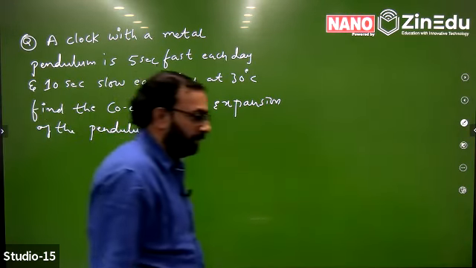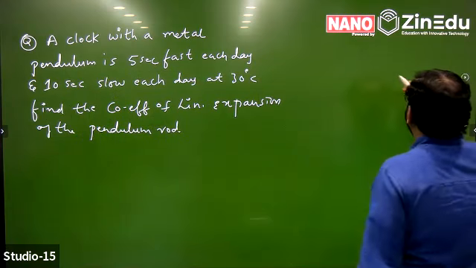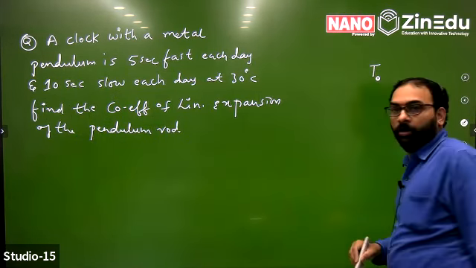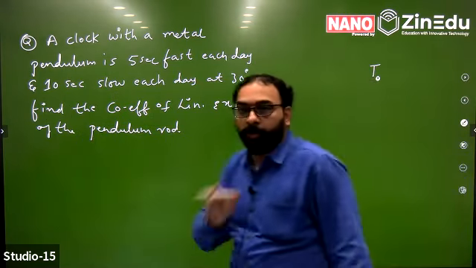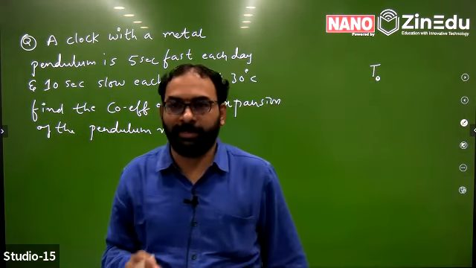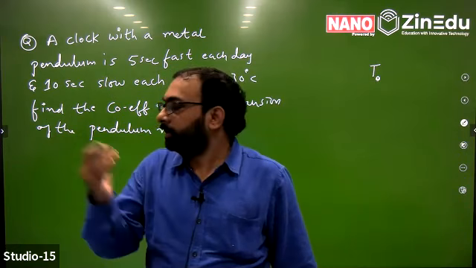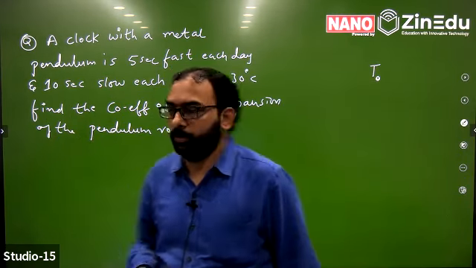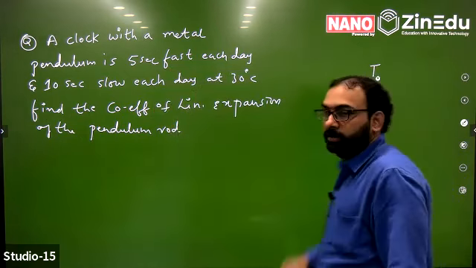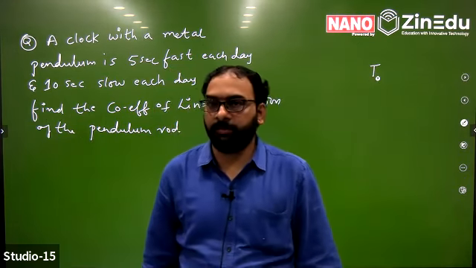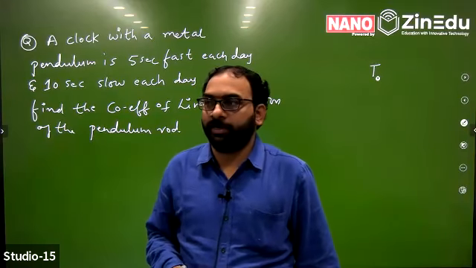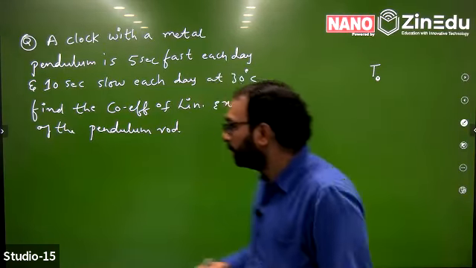So it is like this. Let the temperature be T naught at which the pendulum rod oscillates correctly and it gives you the correct time at that particular temperature. This is the reference temperature, the standard temperature, and it is the standard length of the rod.